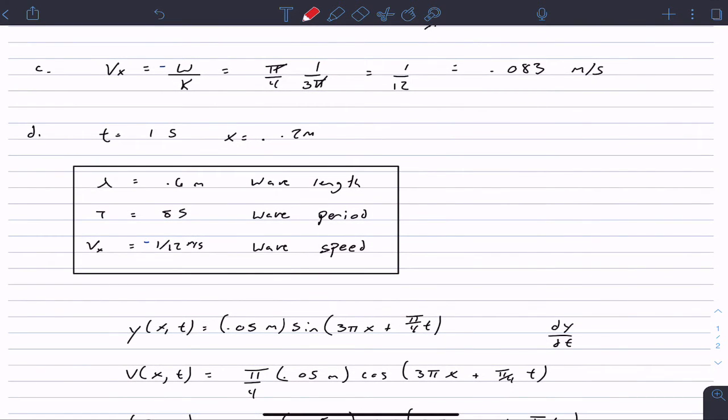Because I'm not doing a great job of explaining this, I recommend looking at the book. Equation 17.10 is Vx equals negative omega over k. If you scroll up the page a little bit on page 494, it talks about the speed of the harmonic wave.